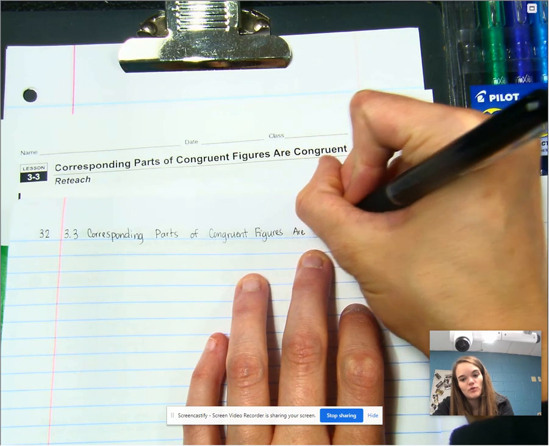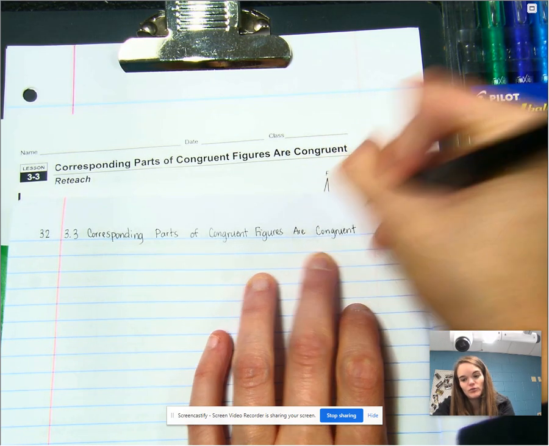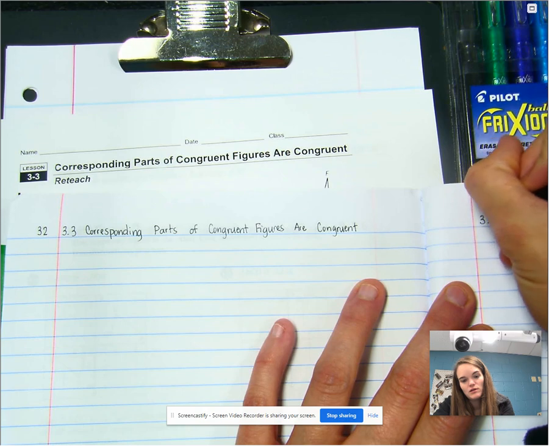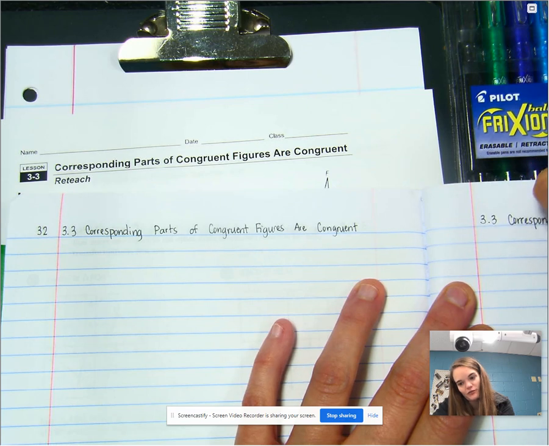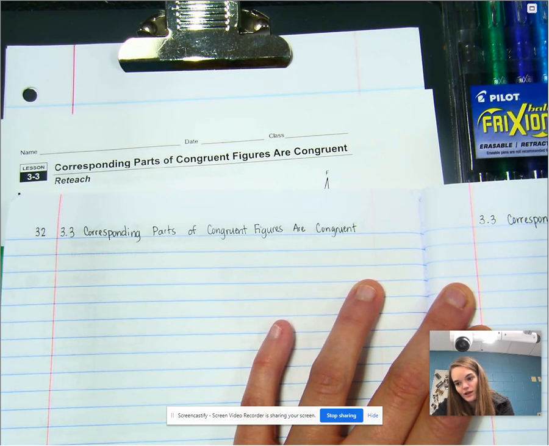Okay, and that's the title for 33 as well. Go ahead and label them both. And I have forgotten to fill in my tab forever. I'll go back and do that too. This is actually the last one on this tab. You'll get a new tab next week.